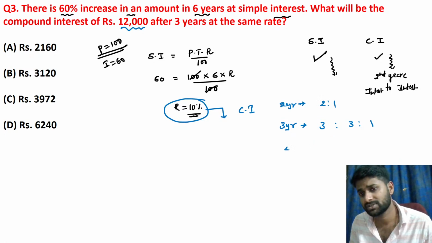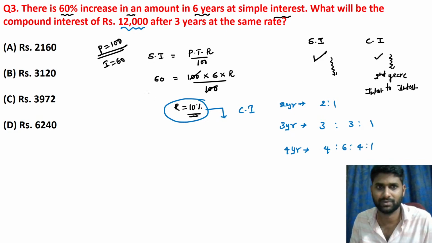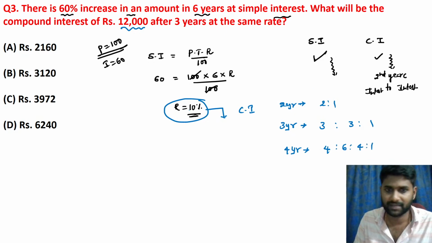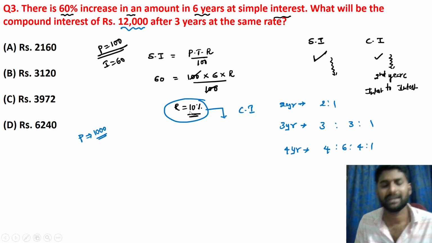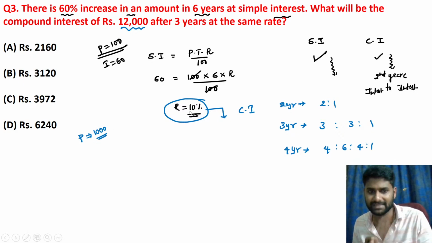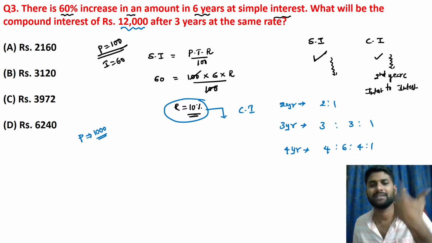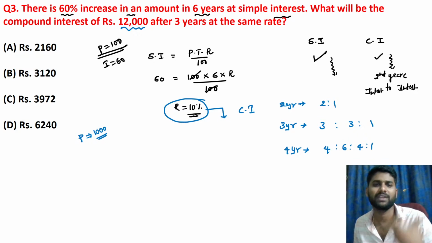You can minimize the calculation if you remember the ratio concept. For 4 years, the ratio is 4641, for example. Now see, so we get the rate of interest as 10 percentage. I assume that I just deposited 1,000 rupees. Why I'm taking 1,000 is because 10 percentage value becomes 1 by 10. So for 3 years, we are taking the assumption as whole cube. For 2 years, we are assuming square.